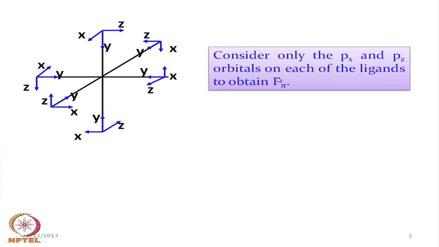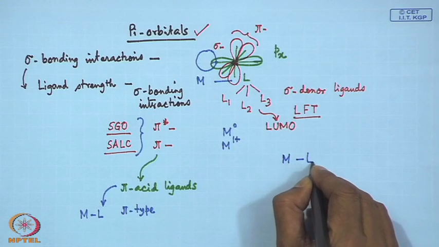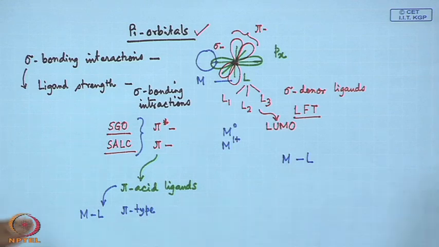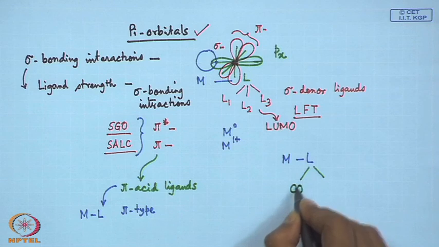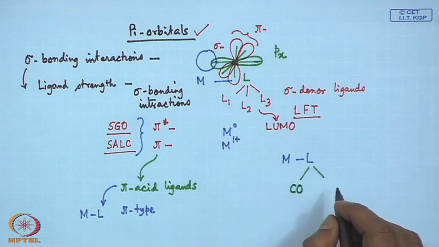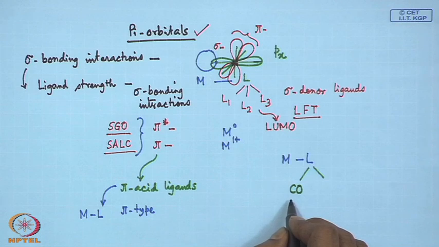But in this particular case the large number of pi orbitals can give rise to some characteristic feature of this assembly of the metal and the ligand. If we consider this as a simple metal-ligand interaction, we will find that if the ligand in our hand is the simple carbon monoxide molecule, because we are concentrating a large amount of our discussion on this particular molecule, which is a neutral one, it is providing a very strong interaction with the metal.